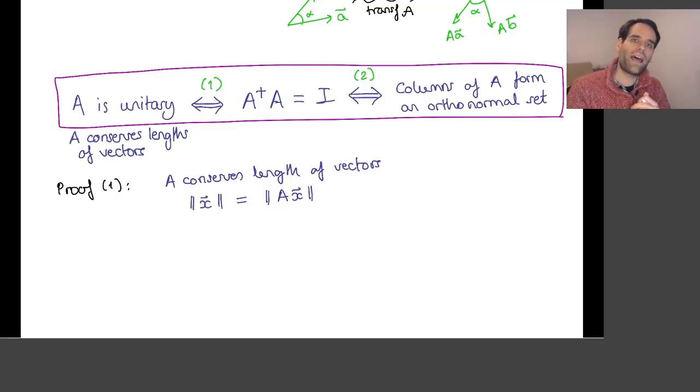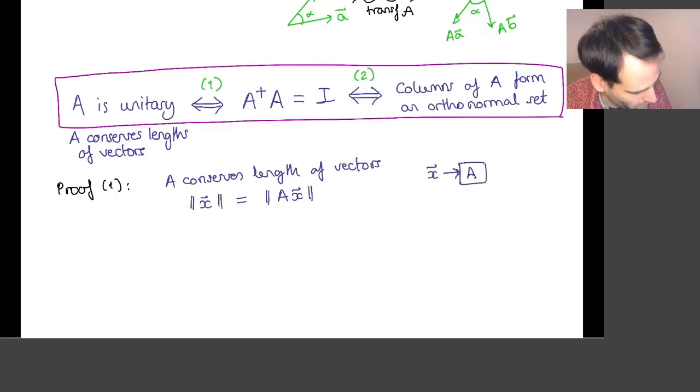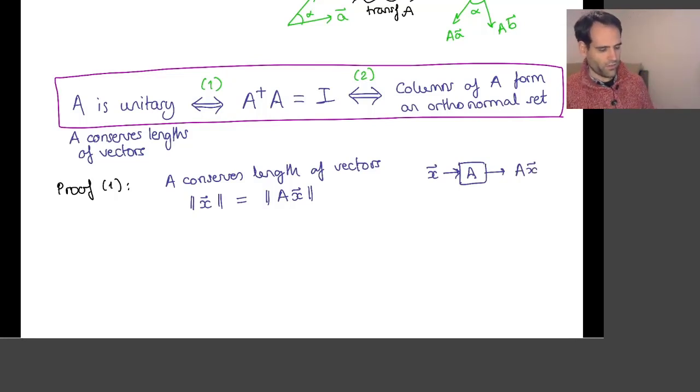Right? So when we apply the transformation A, the length of the resulting vector is not changed. Yeah. So remember, we have a vector x. We are applying the transformation A, and the output is A times x. So the lengths are the same.